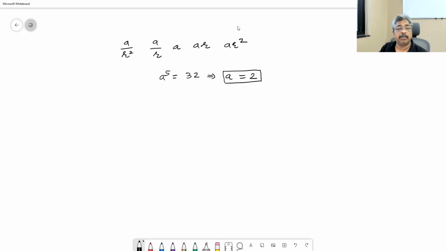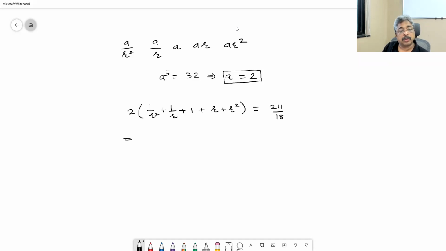So this is a quick piece of information that you have the moment you read the problem. It is also given to you that the sum of them is A times 1 over R square plus 1 over R plus 1 plus R plus R square, which adds up to 211 upon 18.